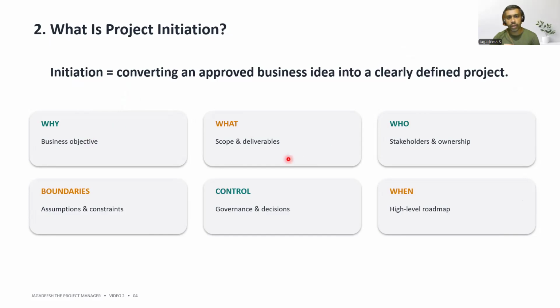What is the scope and deliverables. Who is the stakeholders and ownership. Boundary is the assumptions and constraints. Control is the governance and decisions. When is the high-level roadmap. I have found that when these are unclear, the problems usually show up later as scope confusion, ownership gaps, delays, or stakeholder conflicts.